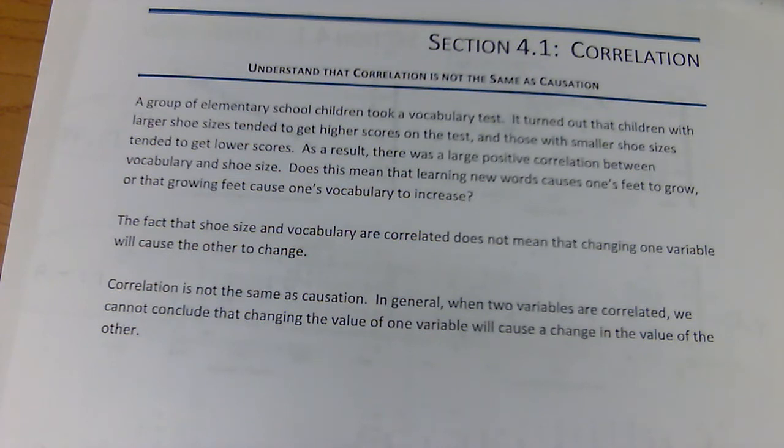But does that mean learning new words causes one's feet to grow? Or having larger feet makes your vocabulary increase? There's not a causation there. And I'm going to share a link to a website that talks about some really crazy correlations that people could assume are causations.